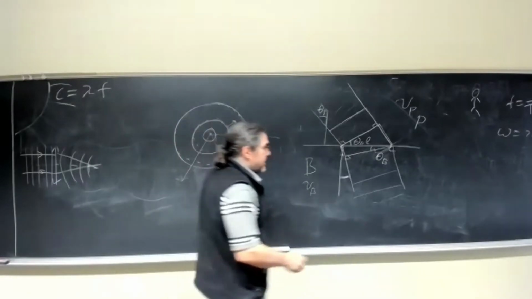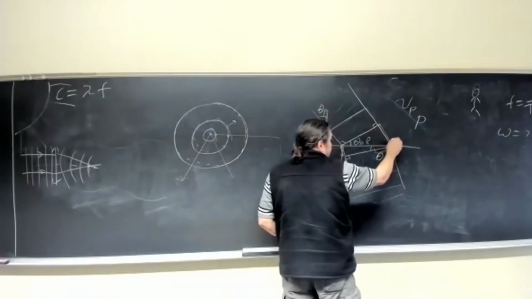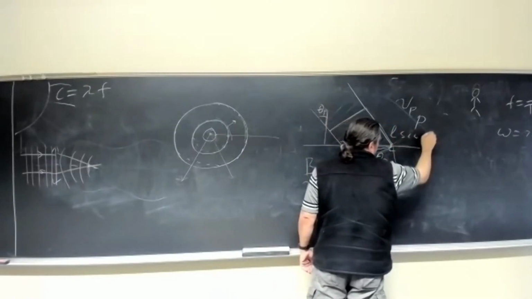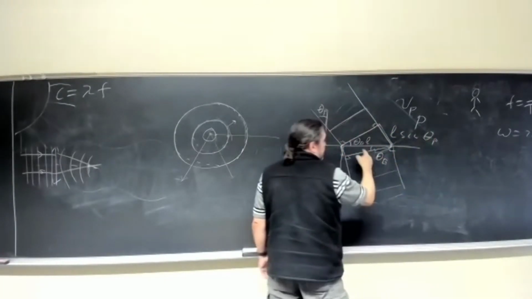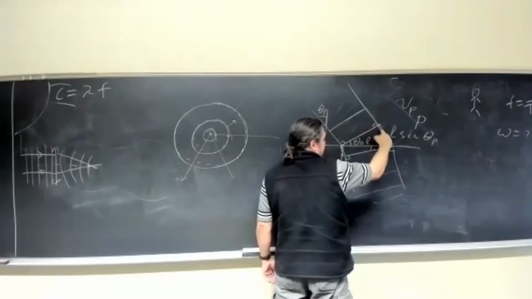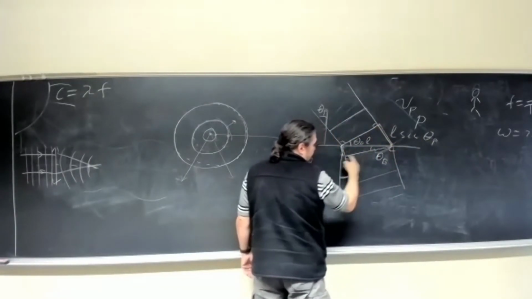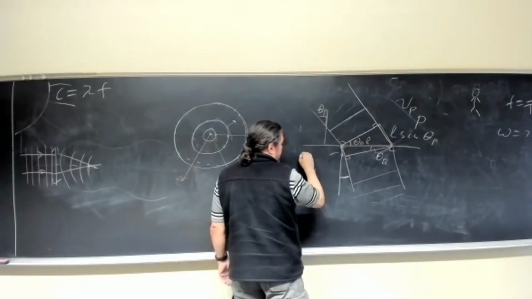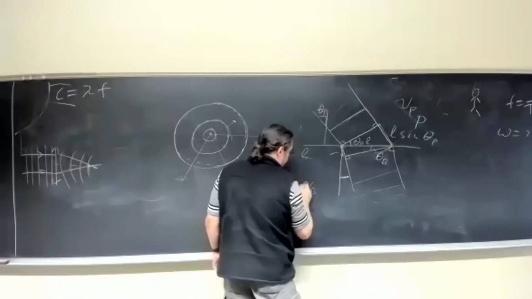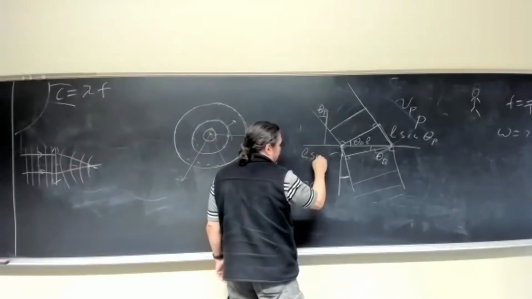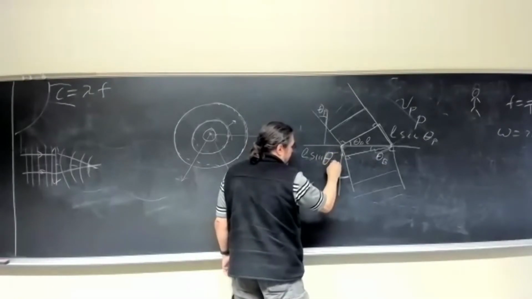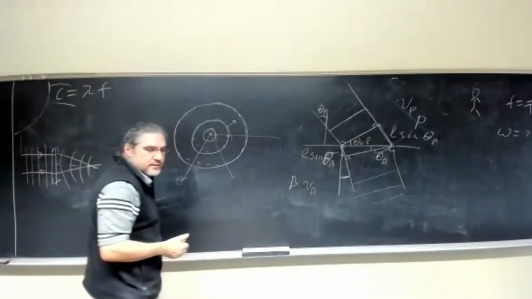Then this length is L times sine theta p, pink, from this triangle. And from this triangle, this length is L times sine theta b. That makes sense?